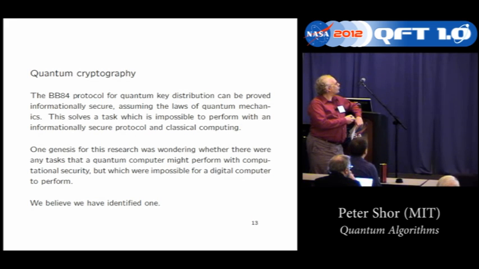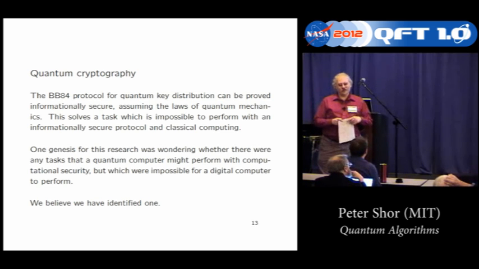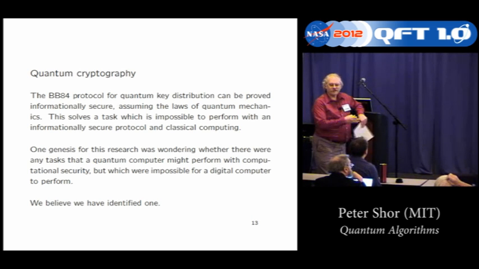The only classical way of doing cryptography with informational security is to have a key which is as long as the message, whereas BB84 does it where the two parties can communicate, assuming they have a quantum channel between them, with no agreed key. You need some securities to guard against the man-in-the-middle attack, but there are going to be some more talks on quantum cryptography, so I won't go into any details.